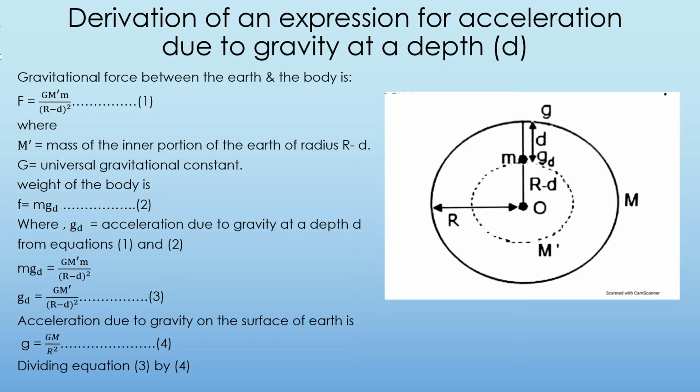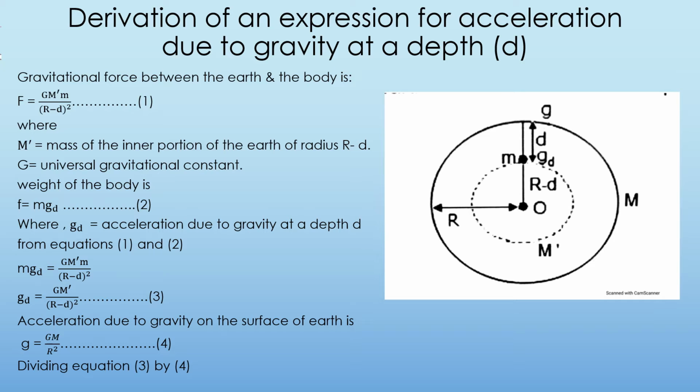We consider this as equation 1, where M', the capital M dash, is the mass of the inner portion of the earth of radius R minus d. So we have taken (R minus d) the whole square, and G is the universal gravitational constant.